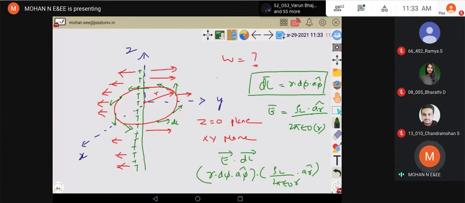Therefore, the dot product of two unit vectors which are normal to each other is zero. Therefore, the work done, minus q times the integral of E vector dot dl vector, is equal to 0. Got it? Is it clear? So if this concept is clear, please type 0 in the chat box.